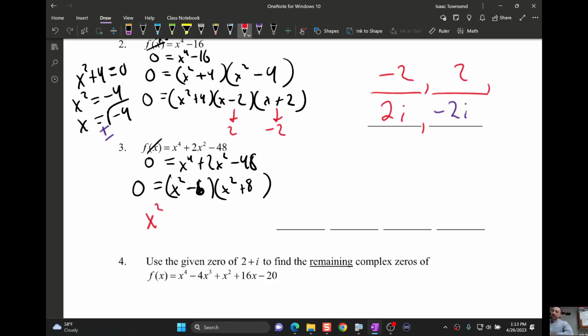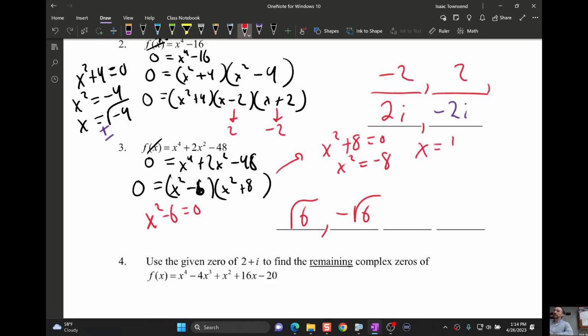Okay, so where does x squared minus 6 equal 0? Good. And then square root, or x squared plus 8 equals 0. When x squared is -8, take the square root of both sides. Don't forget plus or minus. The negative needs to come out as an i. And how did the square root of 8 break down?